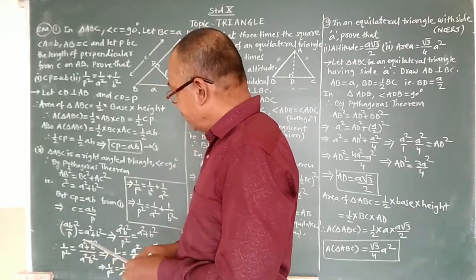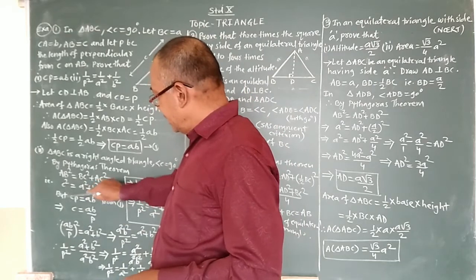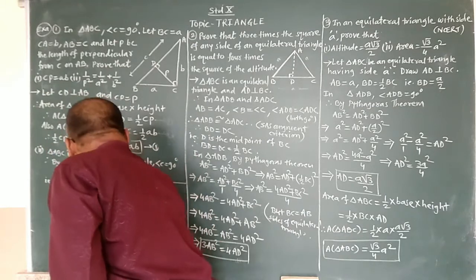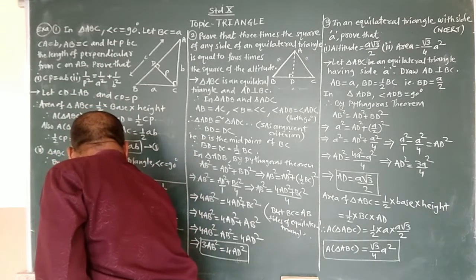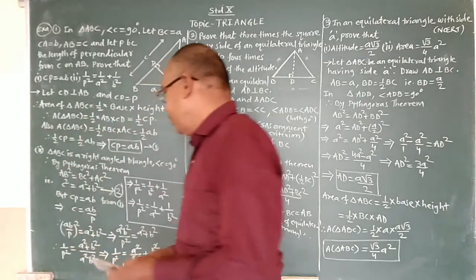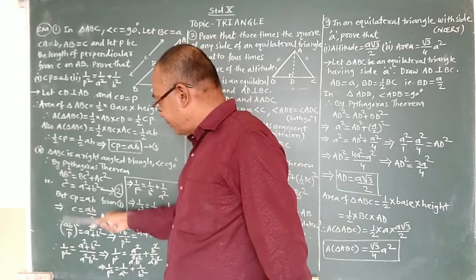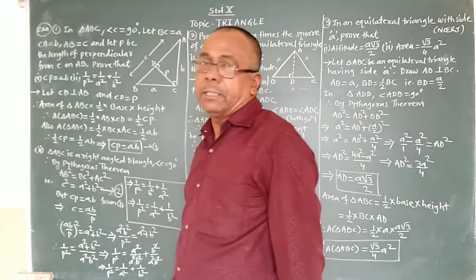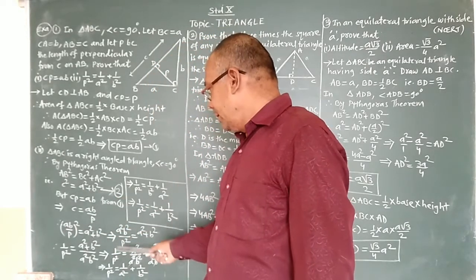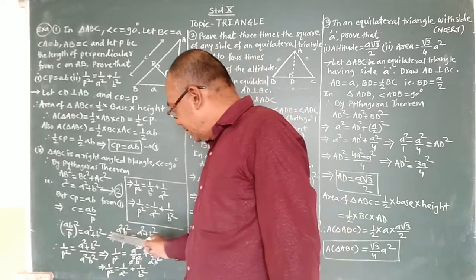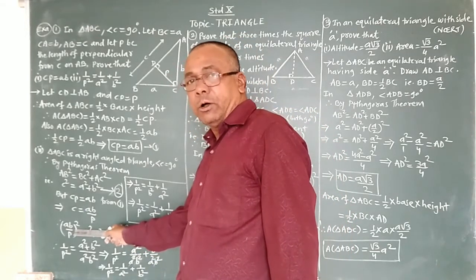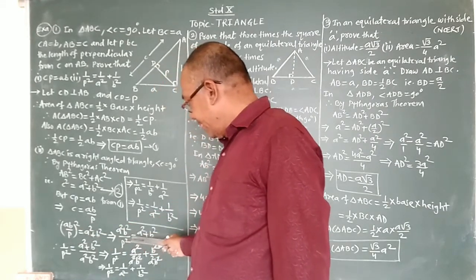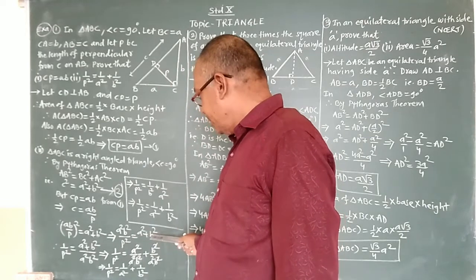Now substituting the value of c in equation 2, we will get c square, that is (ab upon p) whole square, is equal to a square plus b square. It implies a square b square upon p square is equal to a square plus b square.